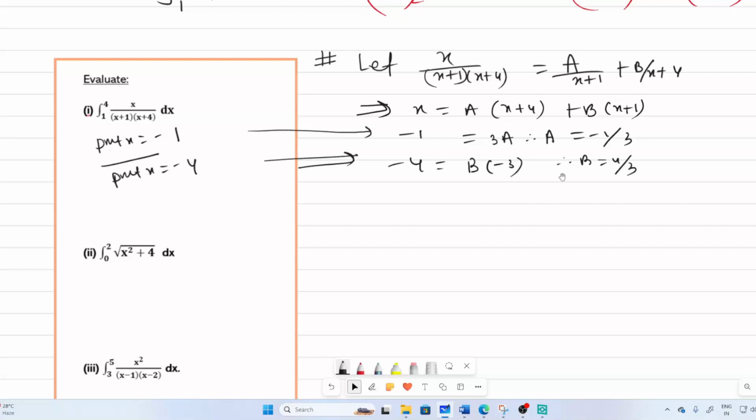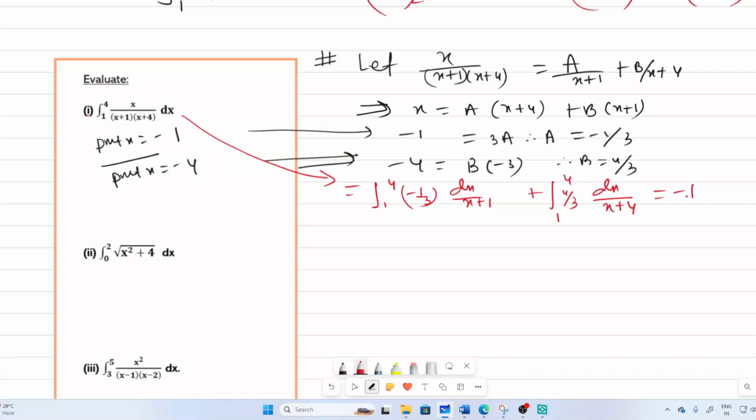After getting a and b, the integrand given over there we are now writing as the integral from 1 to 4 of minus 1/3 dx by (x plus 1), plus 4 by 3 times the integral from 1 to 4 of dx by (x plus 4). You all understand?